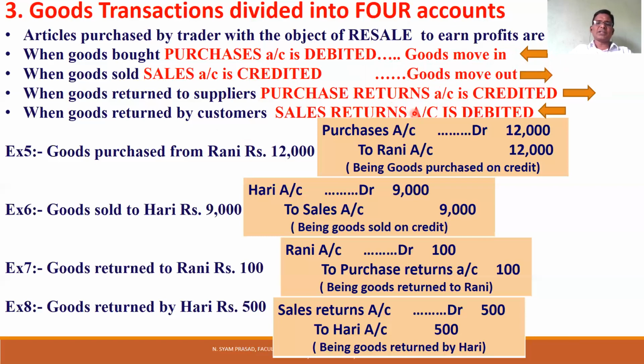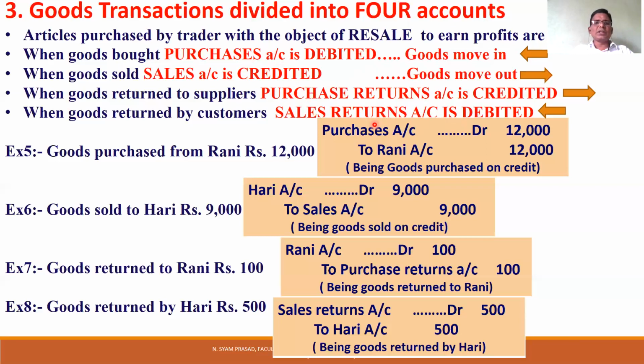When goods are returned by customers to us because they are defective, they are coming in, so the sales returns account is debited. So the purchase account is debited, the purchase returns account is credited, the sales account is credited, the sales returns account is debited. By this, the goods account is of four types in the business.